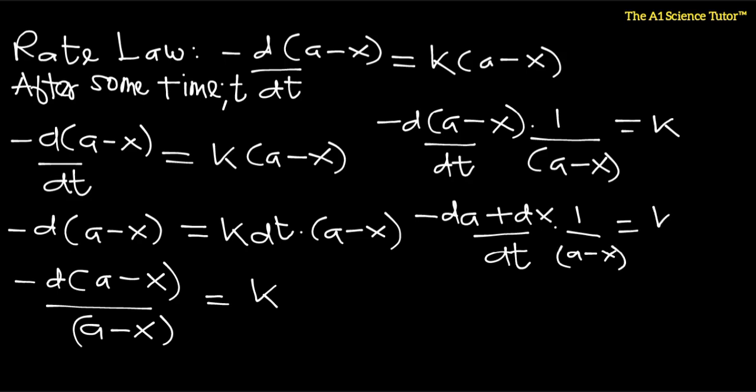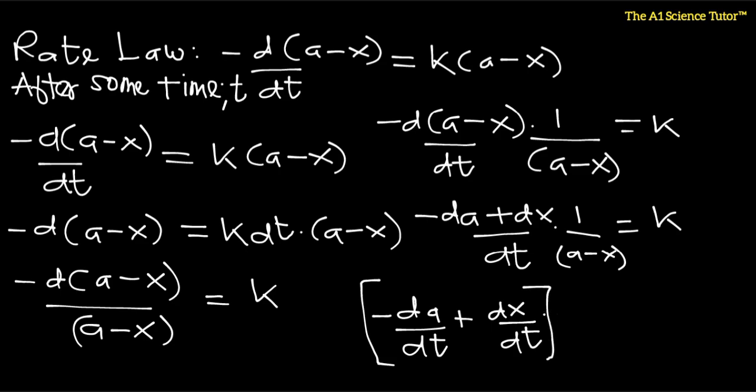And this is equal to k. Right? So let me split this stuff. Now this could be rewritten this way. This is minus dA over dt, and that will be plus dx divided by dt. So this is multiplied by 1 over a minus x. And so this is equal to k.